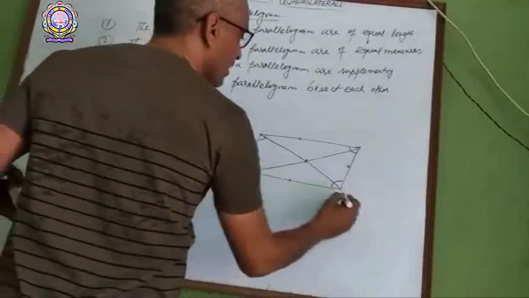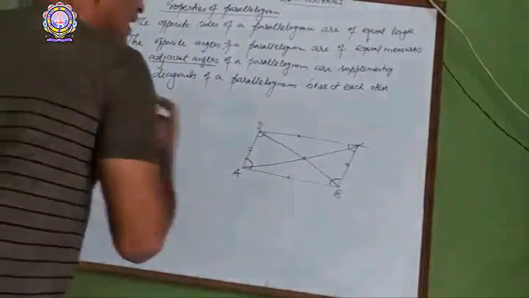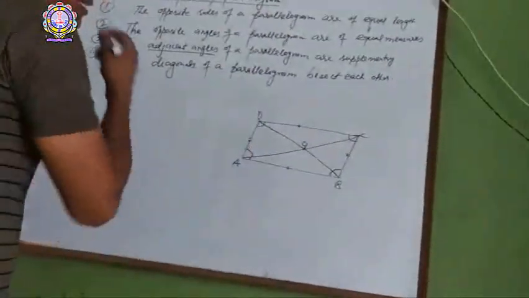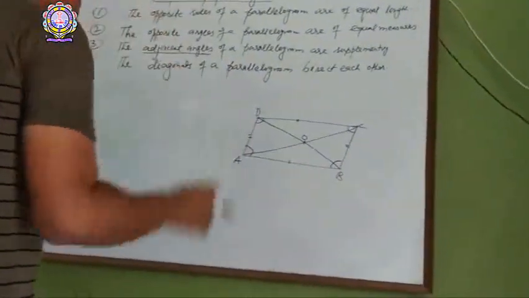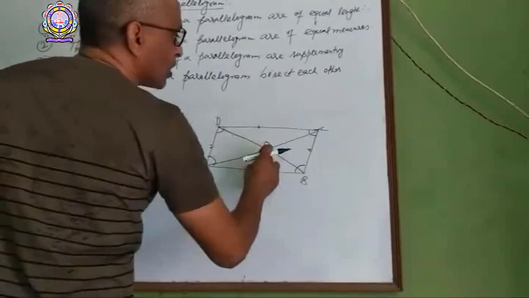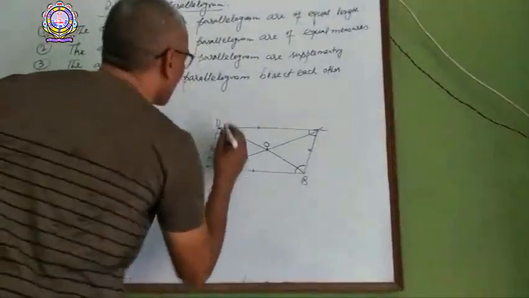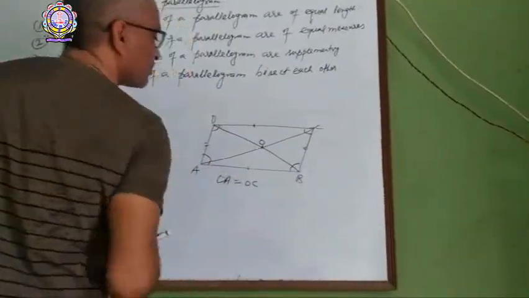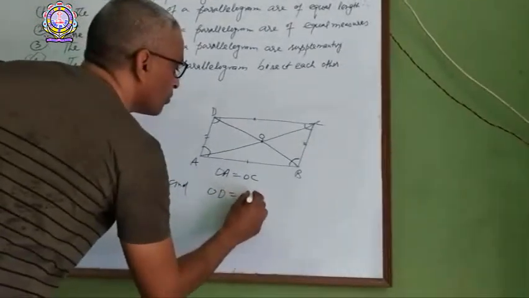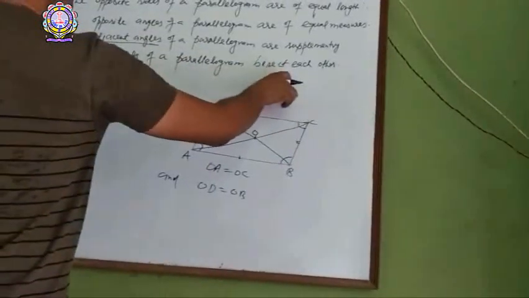If A, B, C and D are the vertices of a parallelogram and O is the point where the two diagonals bisect each other, intersect each other. Bisect means two equal parts. It means OA must be equal to OC and OB must be equal to OD. This condition must be satisfied by the fourth property of the parallelogram.